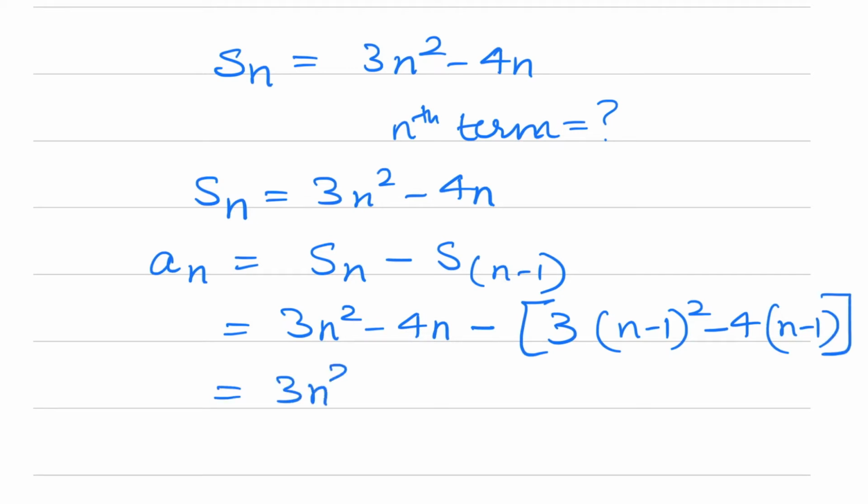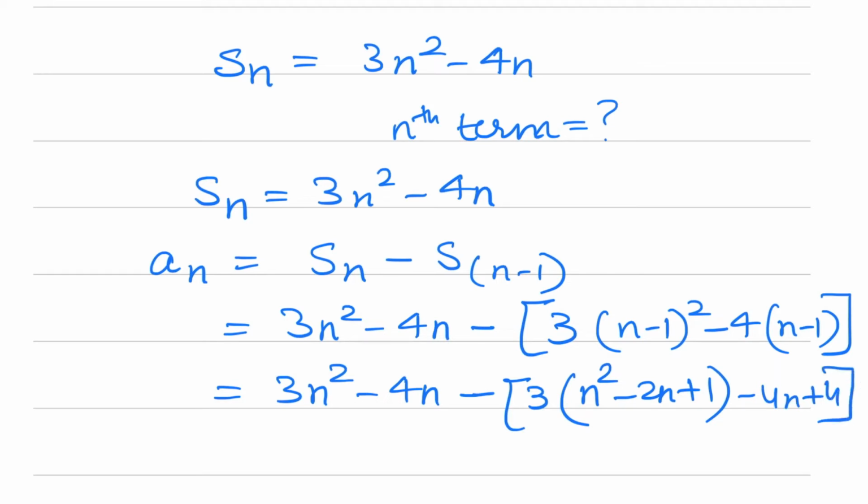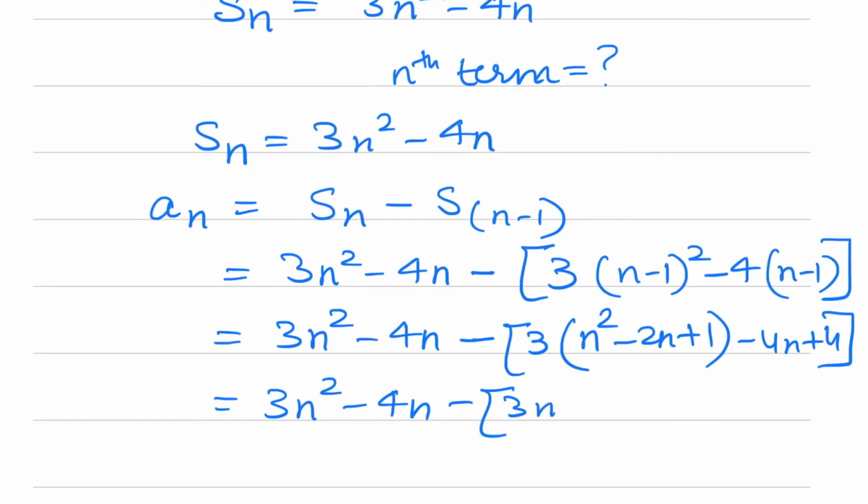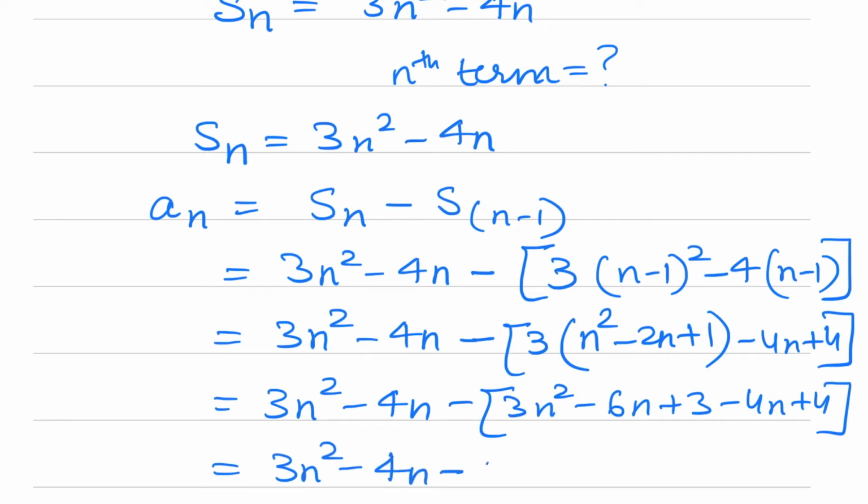This is equal to 3n square minus 4n minus 3 into n square minus 2n plus 1 minus 4n plus 4. Now this is equal to 3n square minus 4n minus 3n square plus 6n minus 3 plus 4n minus 4.